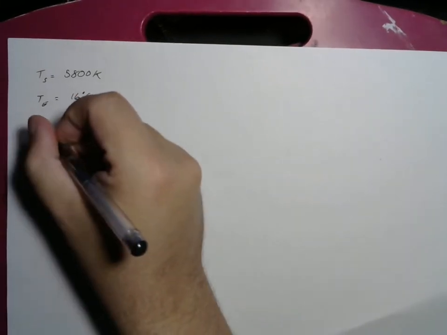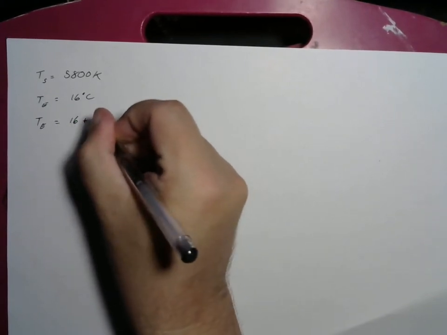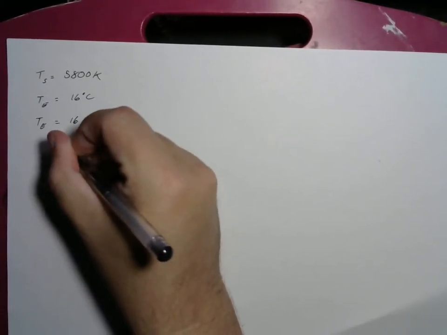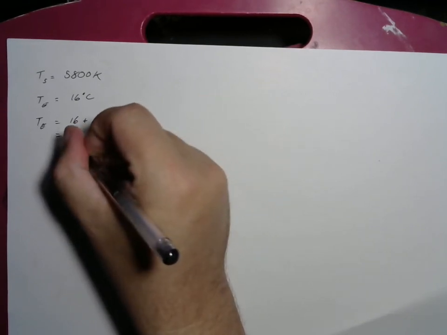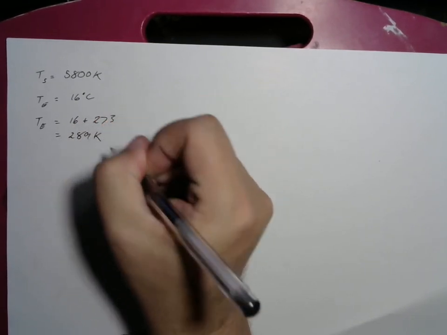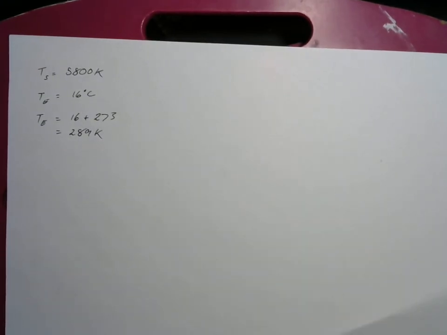I'm going to do my conversions first. So remember, that means in Kelvin it will be 16 plus 273, which will give us 289 Kelvin. So if you're given something like this, do the conversion straight away.